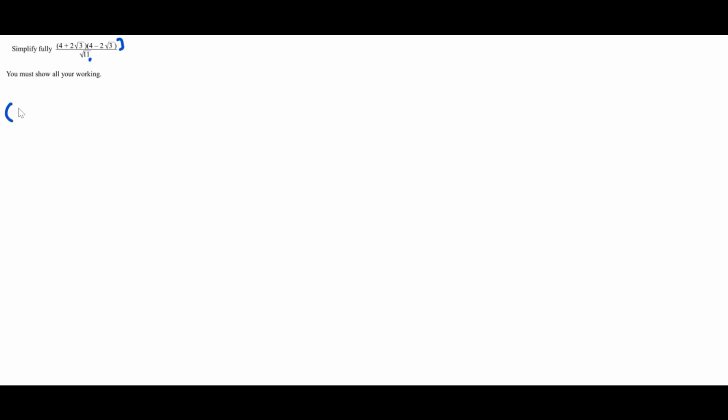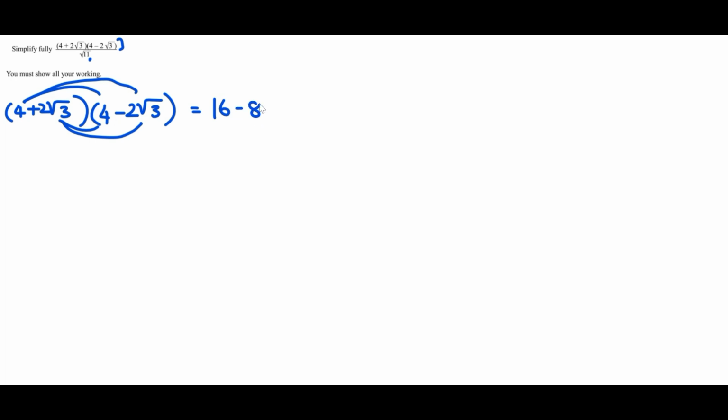Okay, so doing that, we multiply out. This will give us 16 minus 8 root 3 plus 8 root 3.